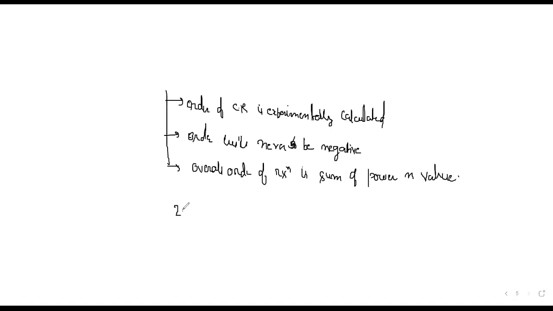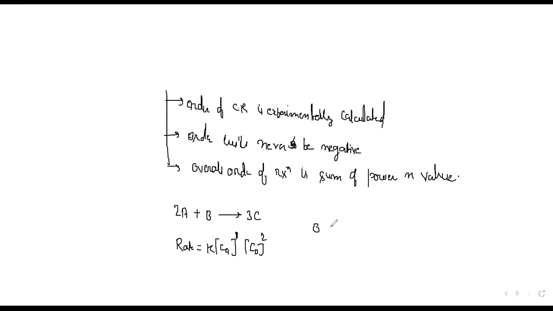Suppose a reaction, similarly I'm explaining, A plus B gives 3C. The rate will be written as k into concentration of A to power 1 into concentration of B to power 2. For rate law we can write only for the reactant values.